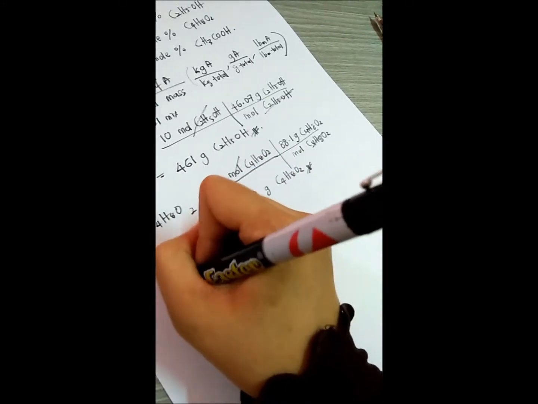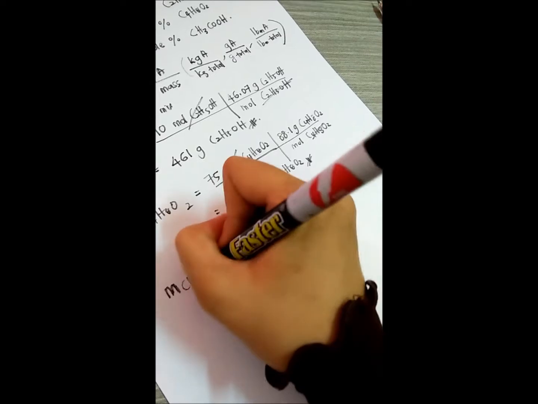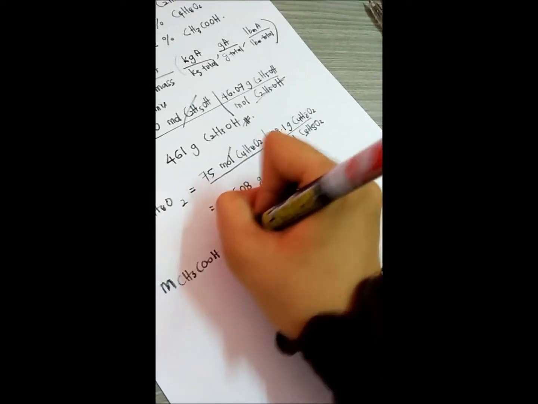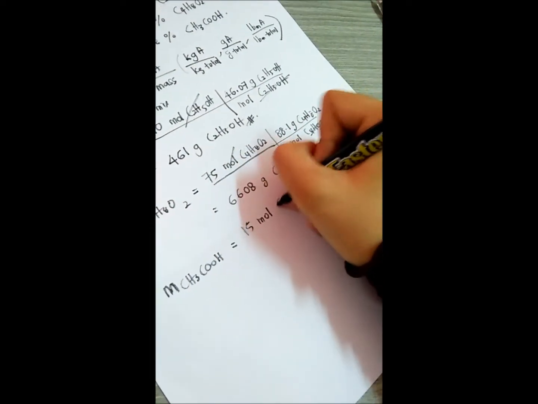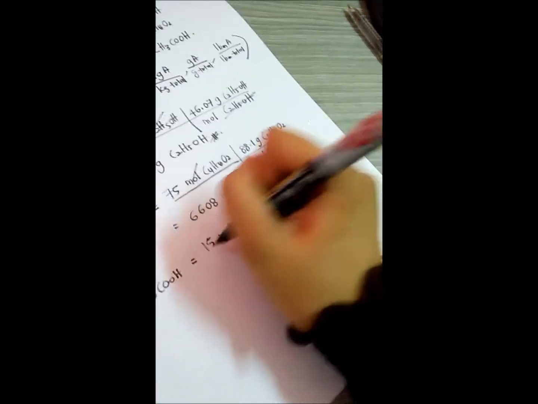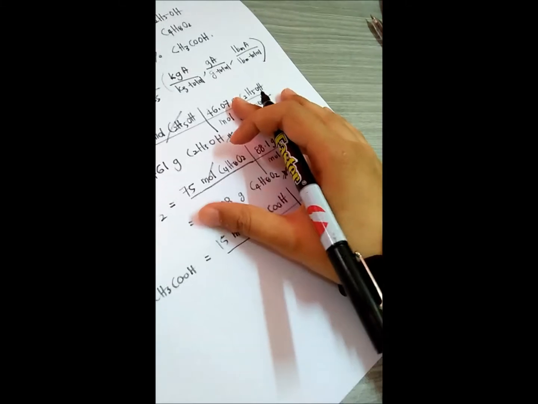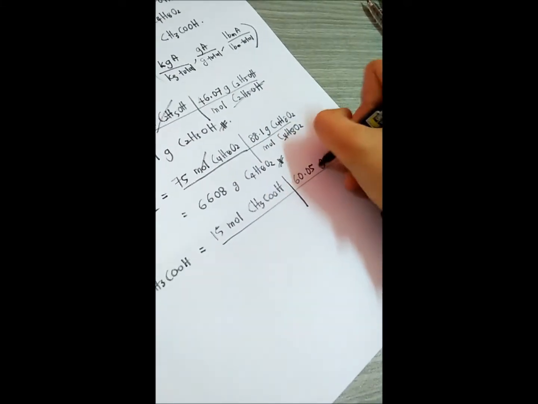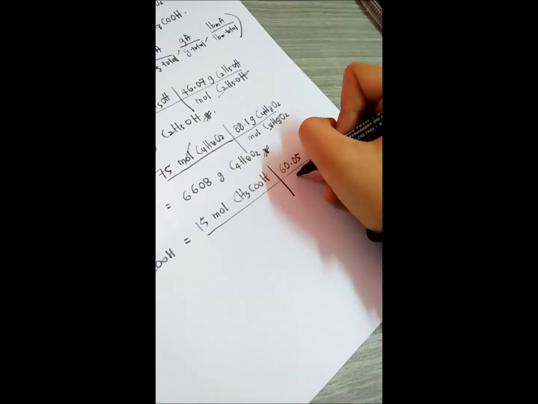And the last one is acetic acid. So it is 15 mole of acetic acid times its molecular weight, which is 60.05 gram of acetic acid per 1 mole.